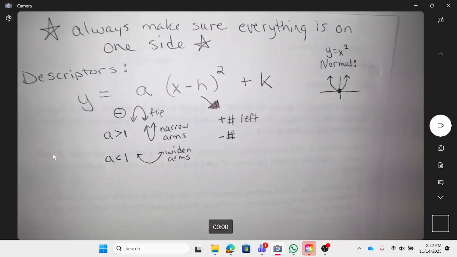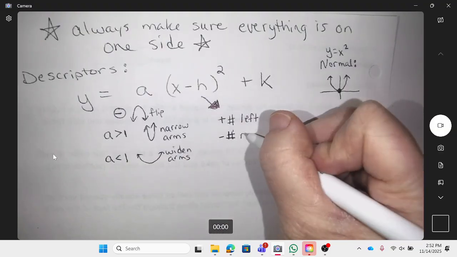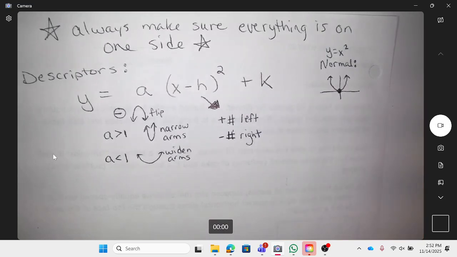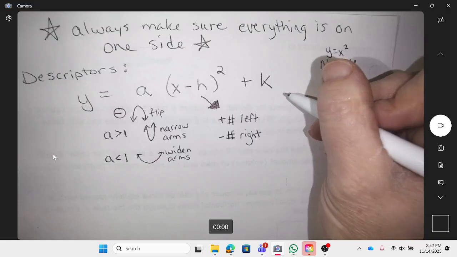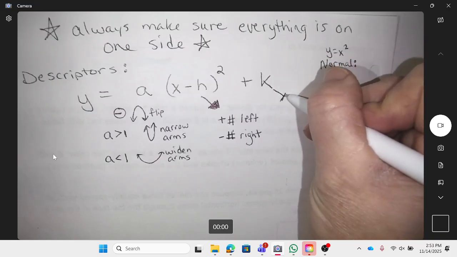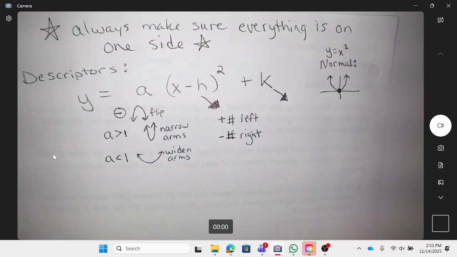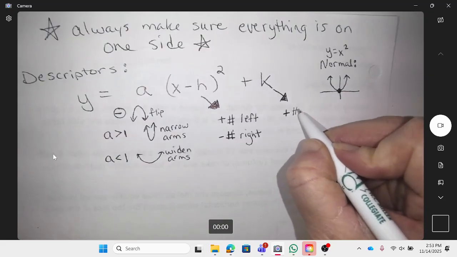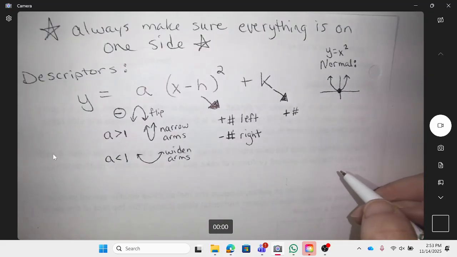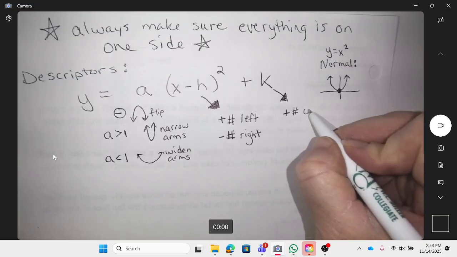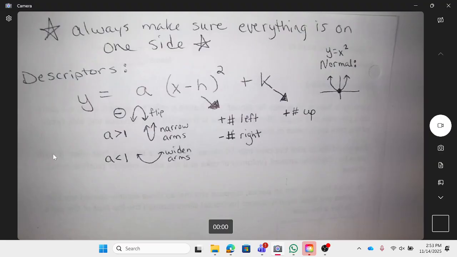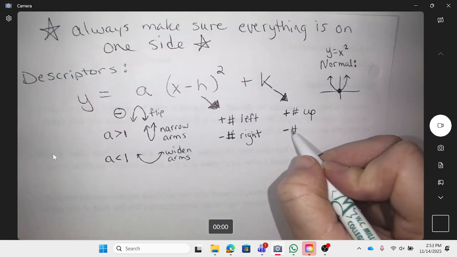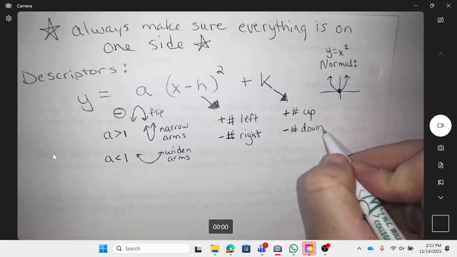If we subtract a number, it will move right. And then there could be a detached number. If you want to add a number out there, it will cause your shape to shift up. And if you're going to subtract a number, it's going to make a shift down.